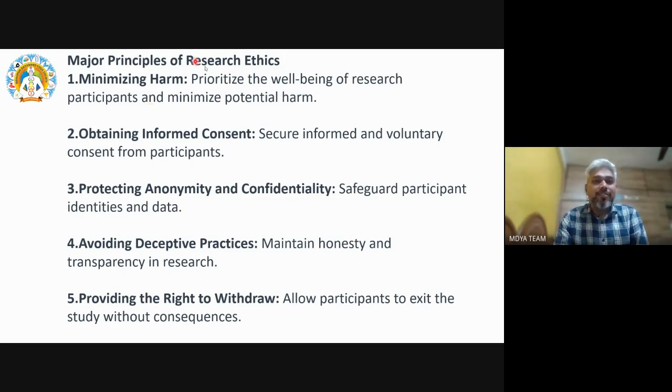This kind of thing we should avoid. We should minimize harm to participants when conducting research.